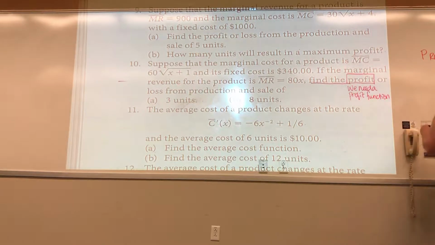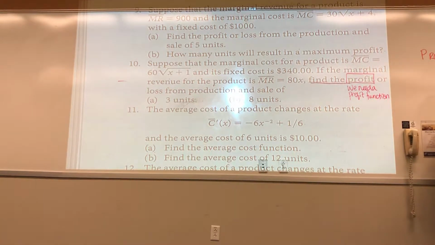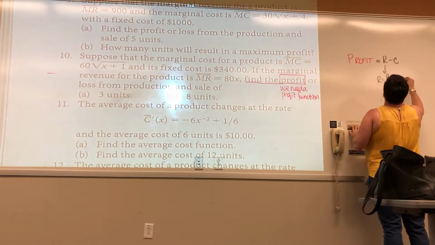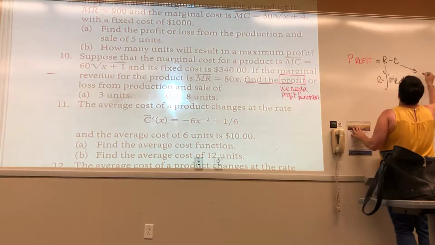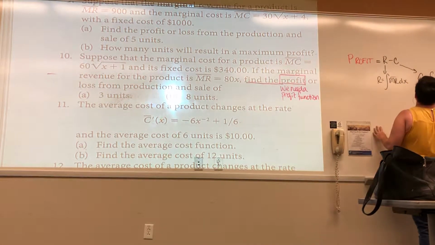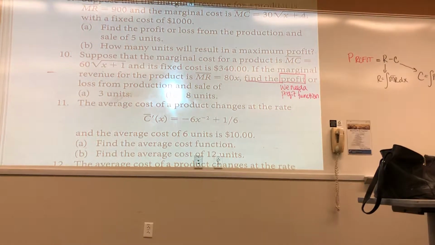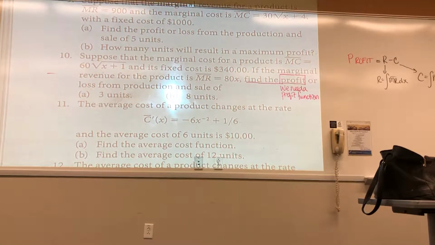Okay. So profit equals revenue minus cost. So in order to get revenue, I'm going to need to integrate marginal revenue. And in order to get cost, I'm going to need to integrate marginal cost. Is everyone okay with this? All right, so here's my diagram.